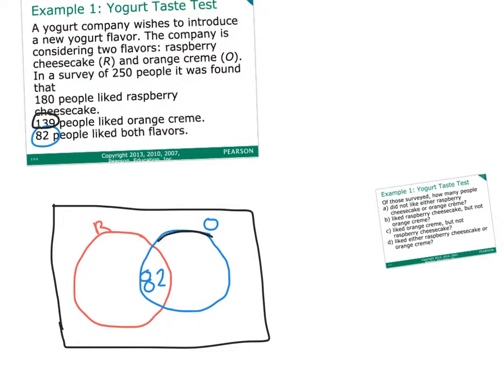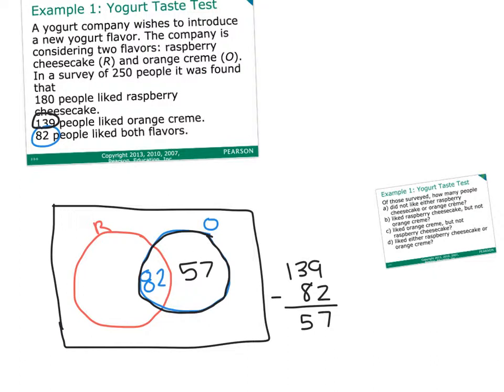Now that 139 is the entire circle, and it includes the 82 that have already been counted in the middle. So what you're going to have to do is find the difference between 139 and 82. And that difference is what's going to go into the other part of the orange cream circle. So there should be 57 people that like orange cream, but do not like the raspberry cheesecake. And so those are going to go in that area right there.